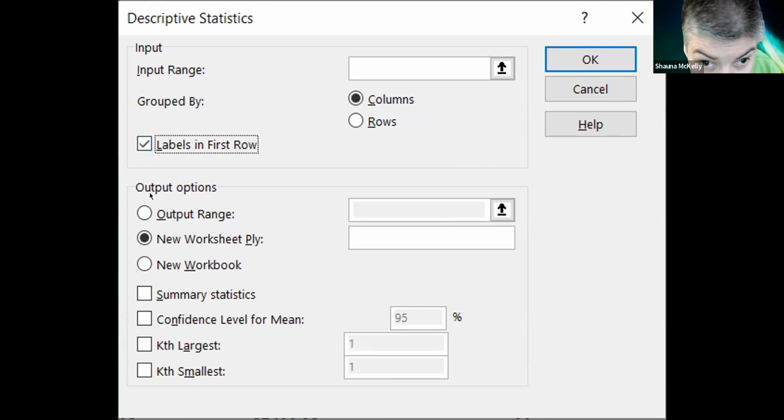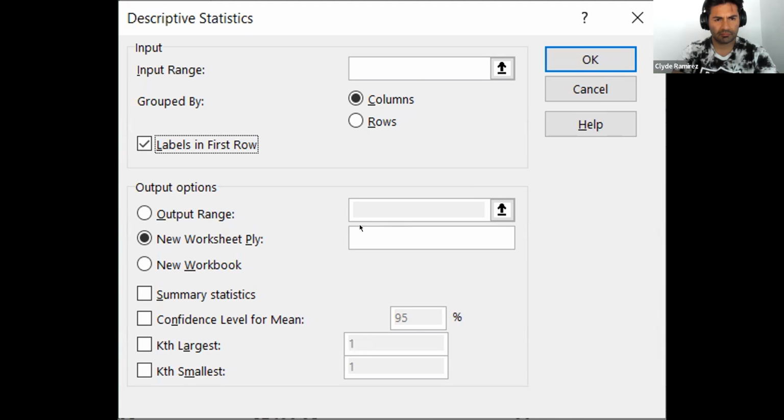And I want the output range. I'm going to specify an output range as new. I could do it as new worksheet ply, or I could do it as the output range here.